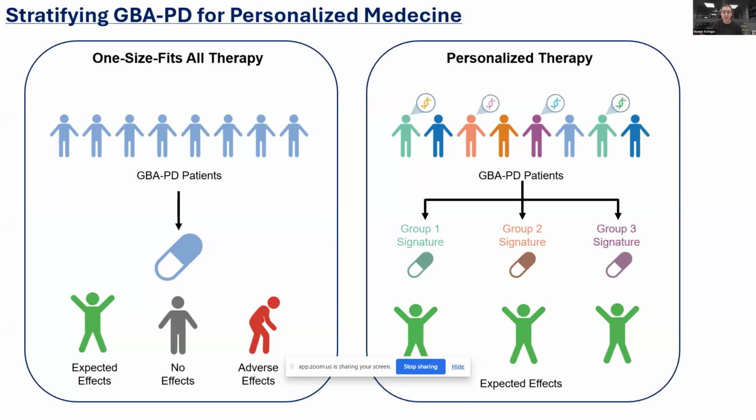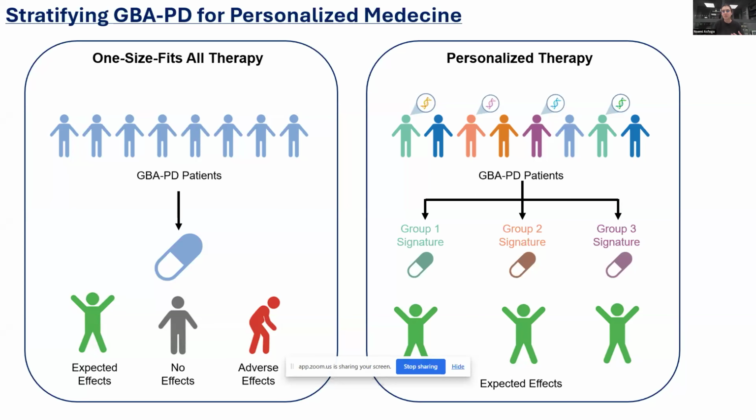As you know, the one-size-fits-all therapy for GBA PD patients, and globally for PD, is not working so far. This is because we are just considering the mutation in itself without taking into account the personal genetic background of the patient, and maybe even some mechanisms that are more involved in some patients than others.